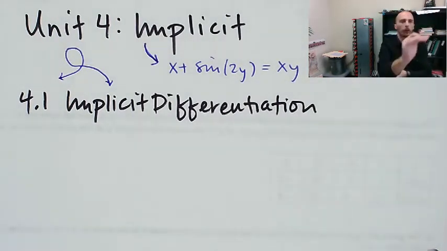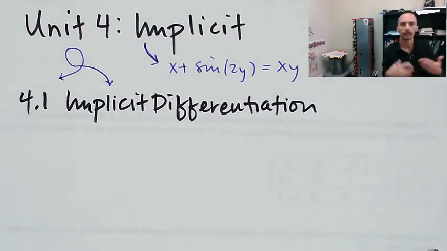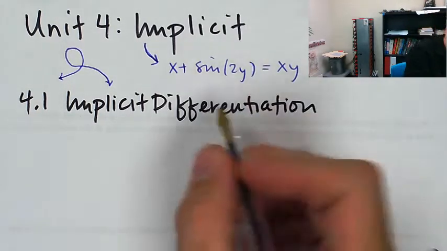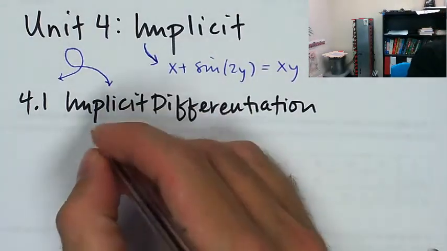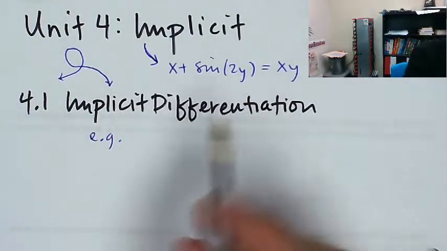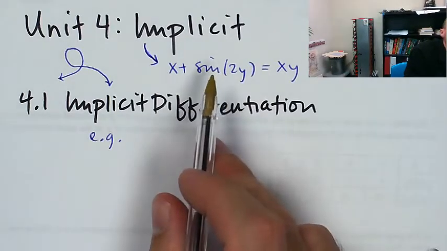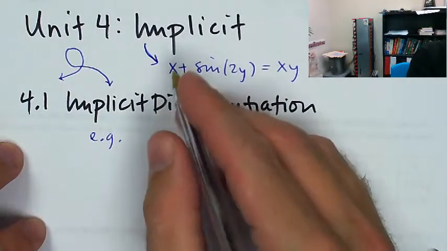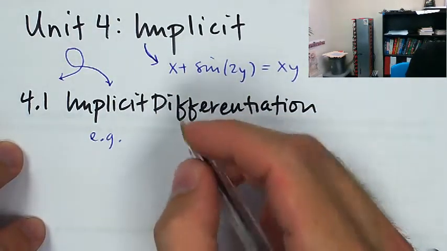For a quick example, what this mostly was, was finding dy dx, or finding the second derivative given dy dx implicitly. We started with an equation like this, and we're going to take the derivative of both sides with respect to x.